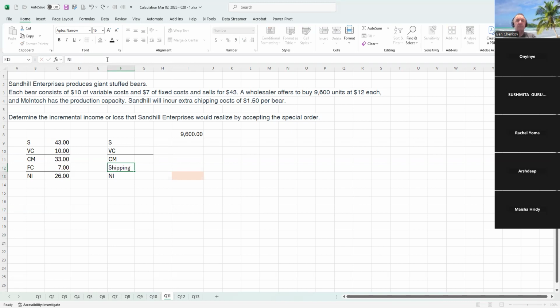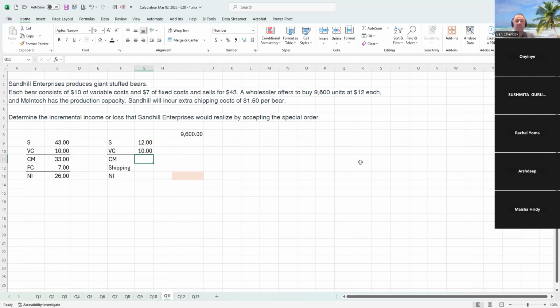Now somebody comes and says, can you sell me 9,600? How much are they paying for each? $12. How much is my variable cost? Still $10, right?